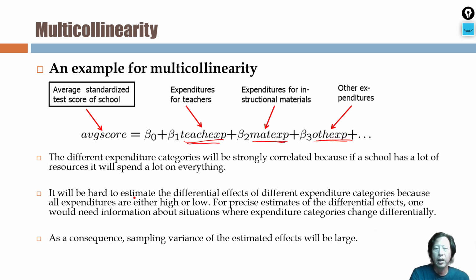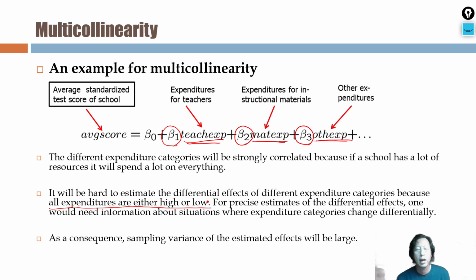Then it will be hard to estimate the differential effect of the different expenditures. You cannot trust these numbers because they are highly correlated. This is because all expenditures are either high or low together.